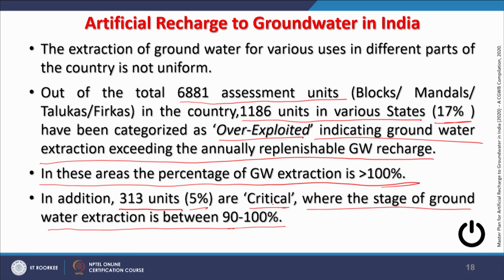If it is not done, this percent will keep increasing, the number of units will keep increasing, and the red areas in the map which I was showing will keep increasing, and that should not be the aim for the country. So, all possible efforts should be made, whatever rain there is, wherever it is, the maximum effort should be to recharge, delaying the surface runoff by some means so that it recharges the groundwater regime. With this, I thank you very much.